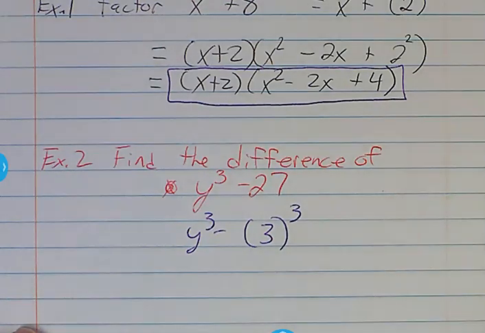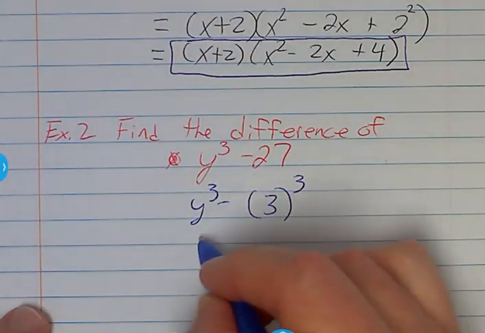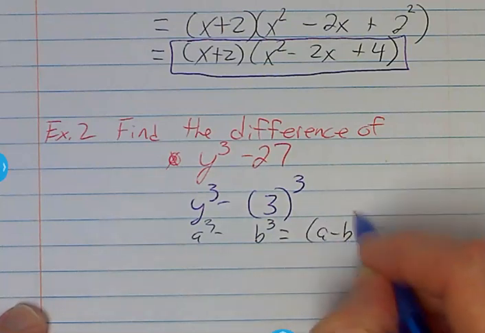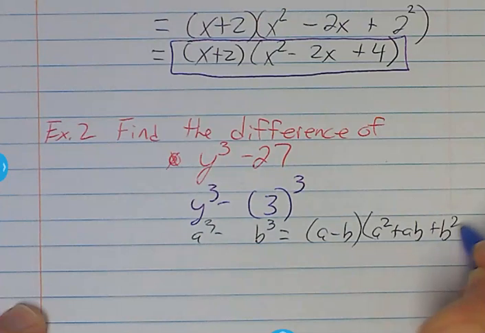Okay, and again, you don't have to write this, but I'm just going to write it underneath here, because the formula that's up here, I'm going to write it real quick. The formula was a cubed minus b cubed equals a minus b, a squared plus ab plus b squared.